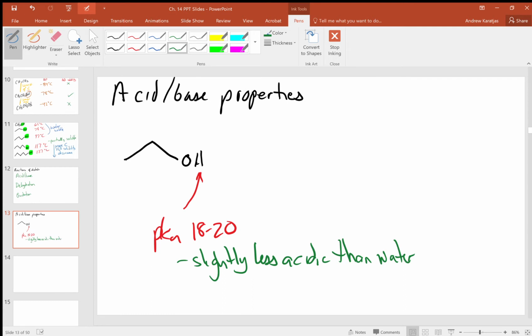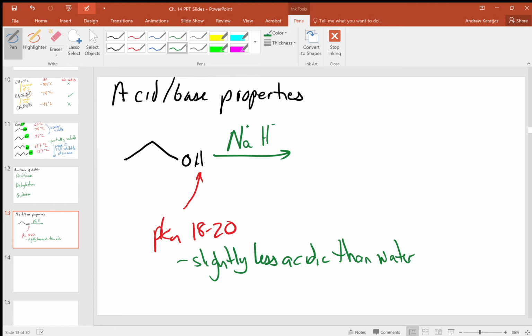And so if you want to deprotonate most alcohols, you need a relatively strong base. And things that we could use are things like sodium hydride, Na+ H-. That's the conjugate base of H2, hydrogen gas, which has a pKa of 35.